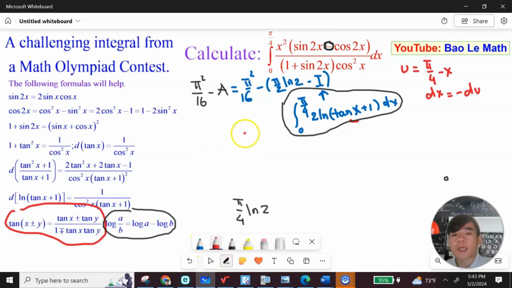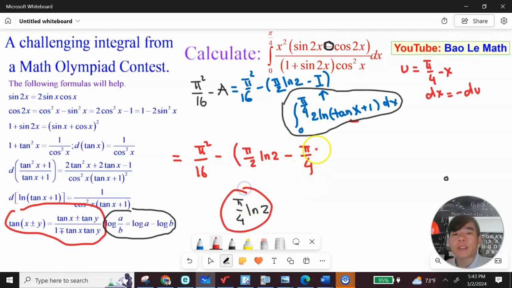So finally it's going to equal pi squared over 16 minus parentheses pi over 2 natural log of 2 minus I, but I equals pi over 4.